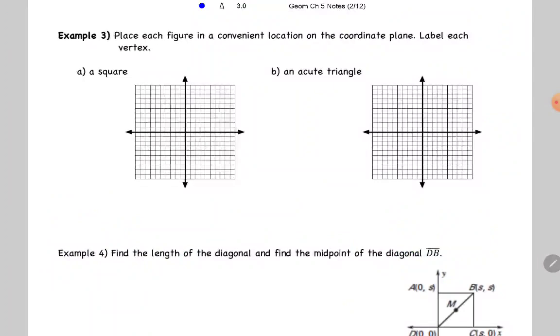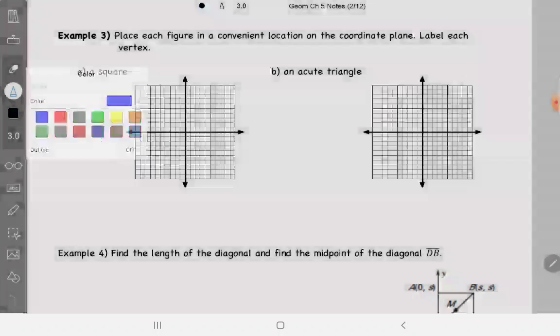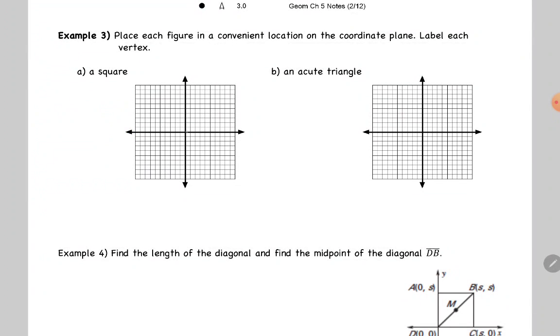Alright. Place each figure in a convenient location on the coordinate plane. Label each vertex. So normally they would give you something to draw, but in this case, you always want to put one of the vertices, one of the corners, at the origin.